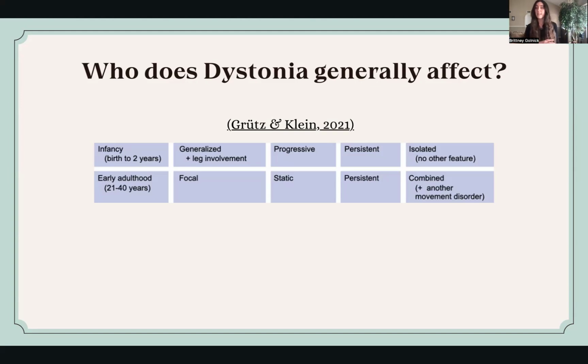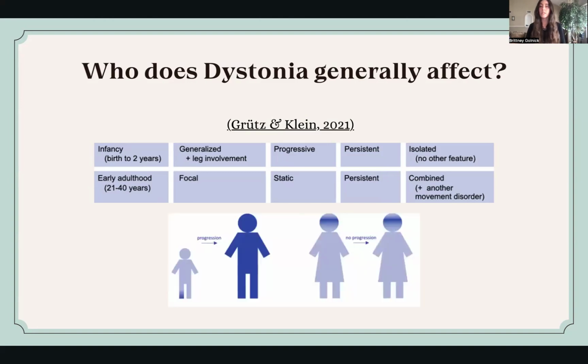This is more focal, so it stays on one part of the body, and static, so it doesn't really progress, and it is normally combined with other neurological disorders. You can see here, the child may start with dystonia in their foot, and it will most likely progress as generalized. And if you have an adult who has cervical dystonia, there really won't be much progression, but it will stay as cervical dystonia, and it might manifest because of other neurological disorders or movement disorders they may have.